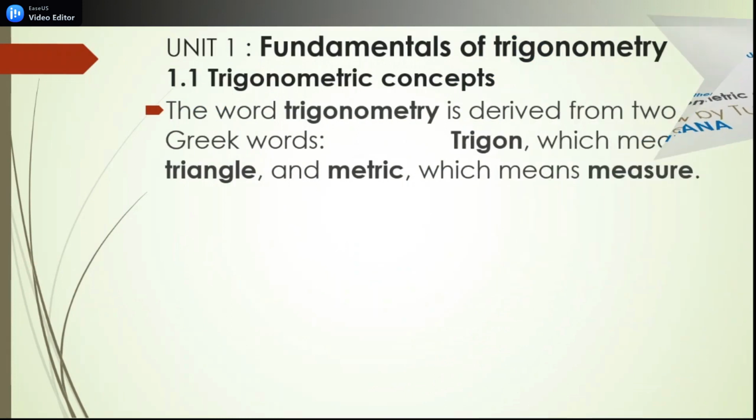We start with trigonometric concepts and the definition of trigonometry. What is trigonometry? Trigonometry is derived from two Greek words: trigon, which means triangle, and metric, which means measure.